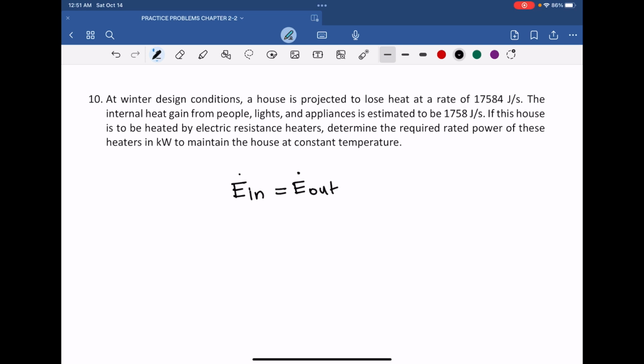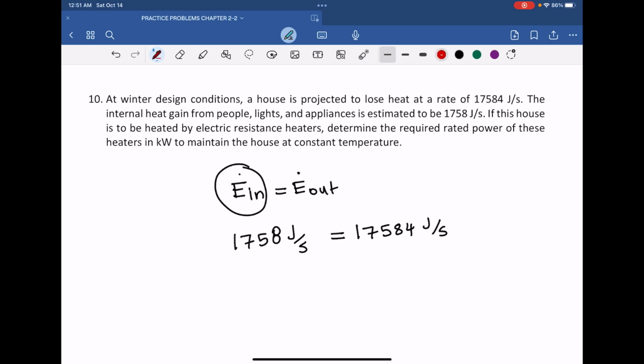When we look at what is getting in, we are given this much power, but what is getting out is much more than that.